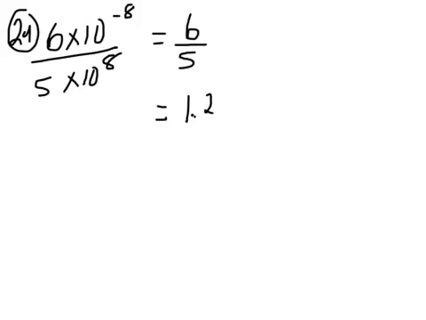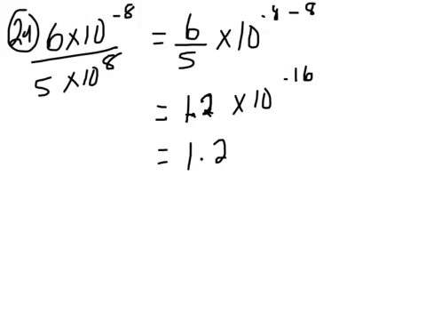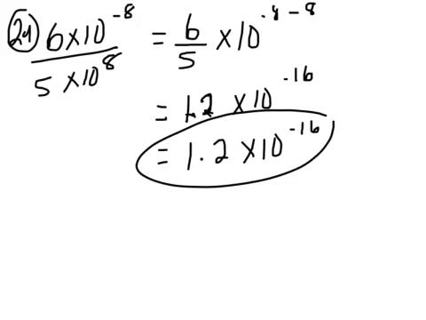You can divide that out on your calculator if you have trouble with that. But again, that's something you were doing in elementary school, right? So times 10, and let's say I start at the top. It's minus 8 minus 8. So that's times 10 to the negative 16. So the answer is 1.2 times 10 to the negative 16. Remember, I'm just applying my rules of exponents. I'm subtracting the exponents.